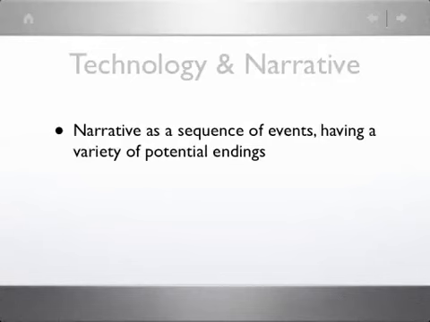Another big section of chapter 1 deals with the relationship between technology and narrative. Now, narrative basically means storytelling or stories. The way that this relates to technology is that narrative usually involves some sort of a sequence of events.